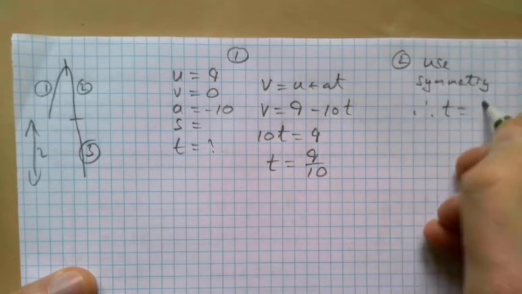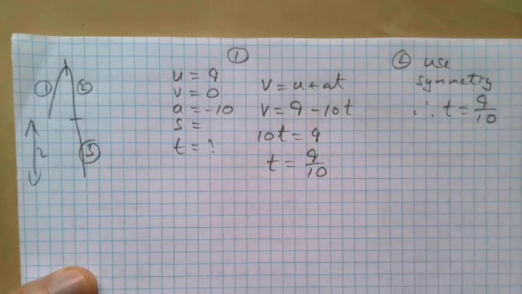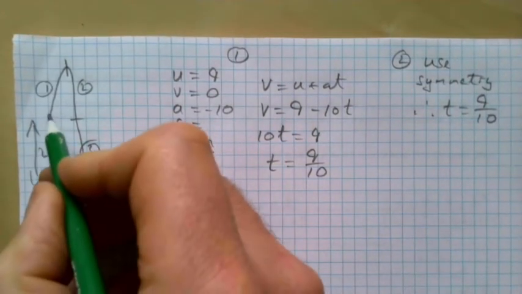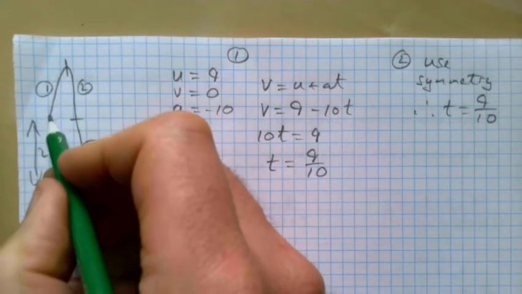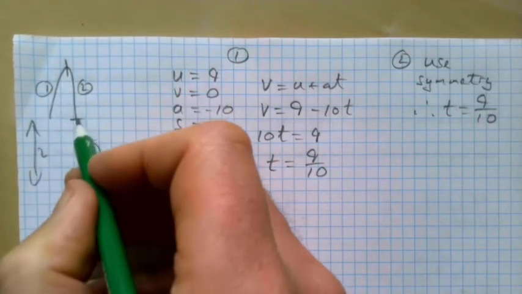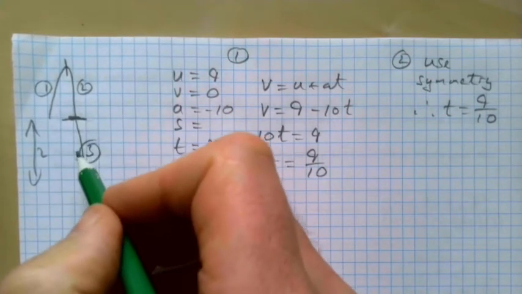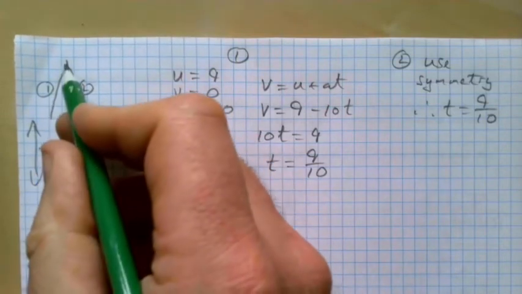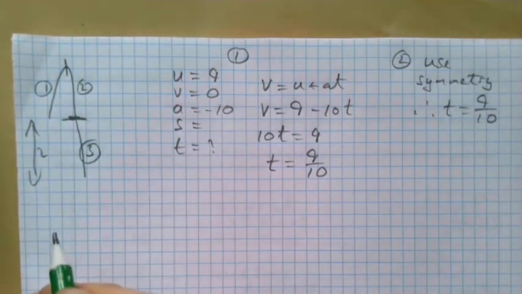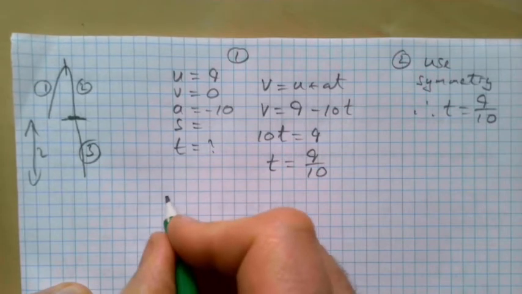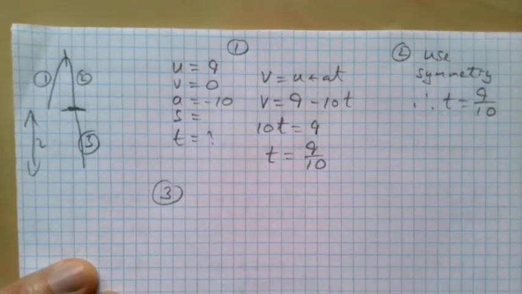Therefore T is 9 tenths as well. It takes the same time for it to go up as it takes to come down and hit that point there. So if it takes 9 tenths of a second to get here, it takes 9 tenths of a second then to get here.